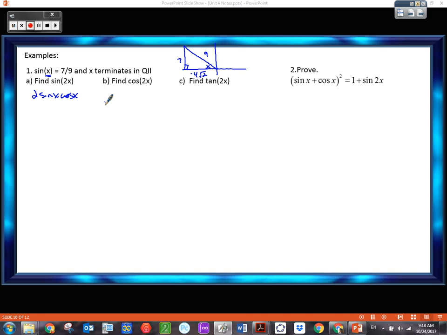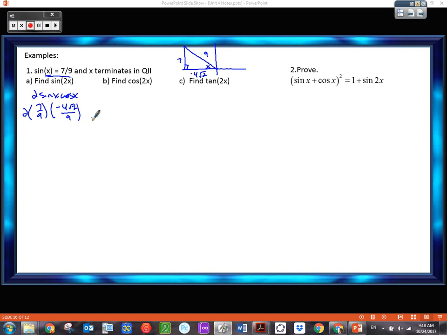So now our job is to simply read those values off of the triangle. So we have the 2 sine. We know sine is opposite over hypotenuse, 7/9, and they also gave us that value. Cosine is adjacent over hypotenuse, so that would be negative 4√2 over 9.